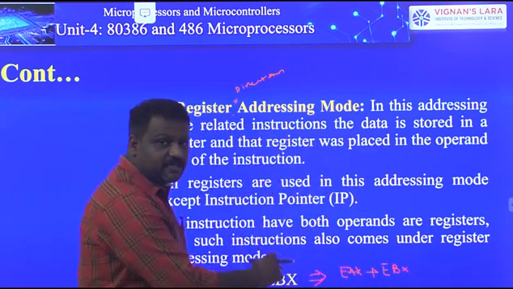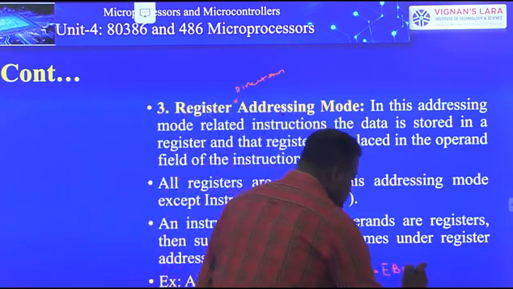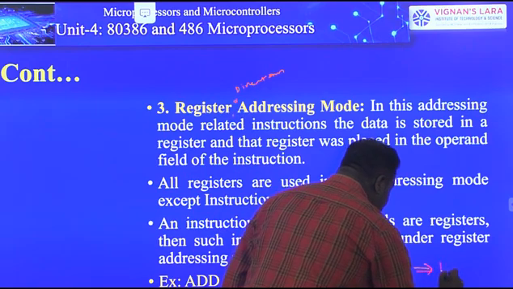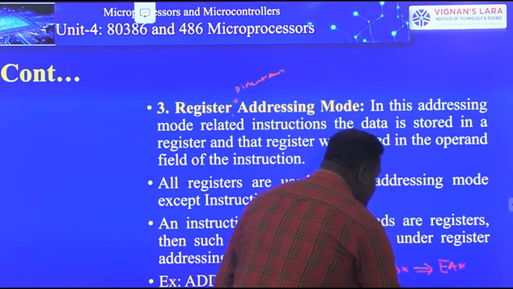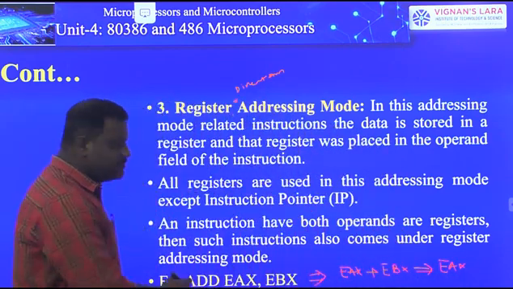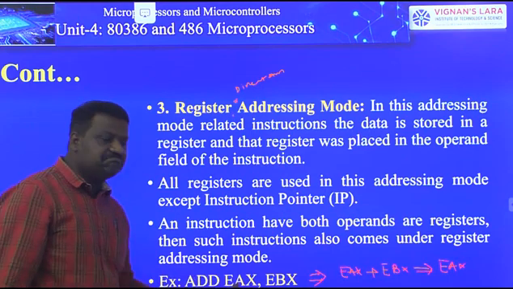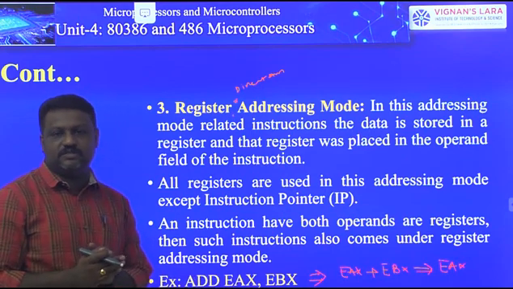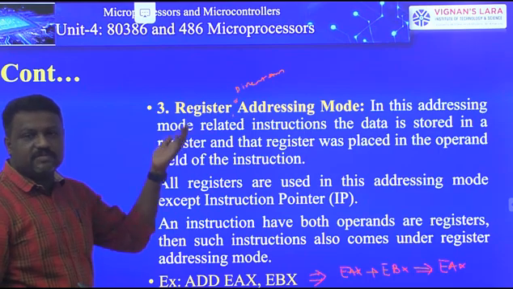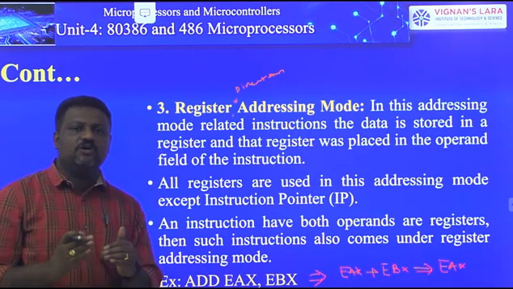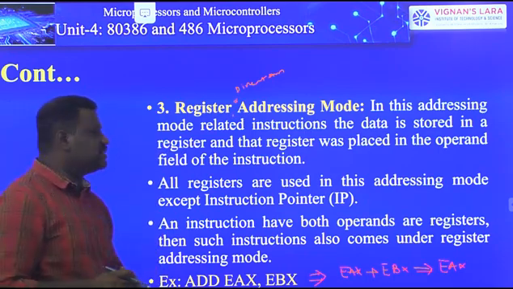Both are general purpose registers for 80386. And finally, the result again goes to EAX. For this instruction, both operands are registers, so this instruction comes under register addressing mode or register direct addressing mode.